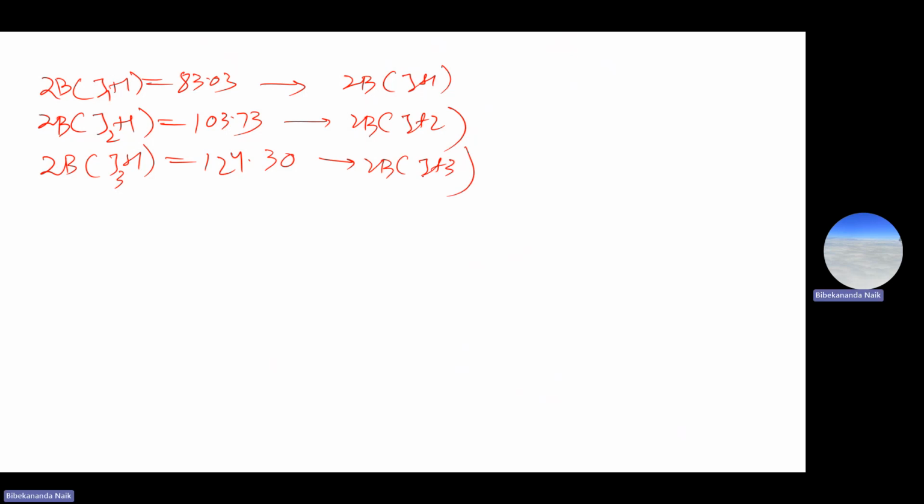Now this is equation 1, this is 2, and this is 3.